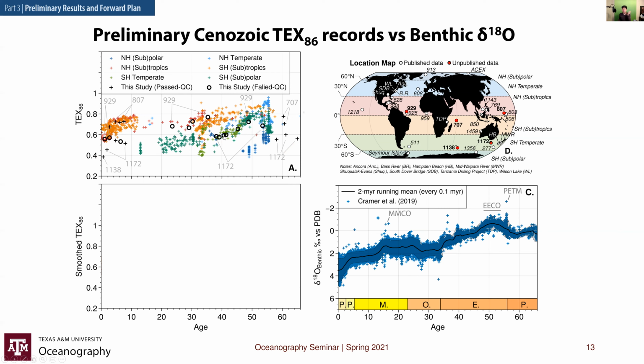It's showing that our preliminary results align with what other people have published. And site 1172 has given us promising results in terms of having TEX86 values in the interval where people haven't really published TEX86 yet. So this is how we're going to fill the gaps of these TEX86 records.